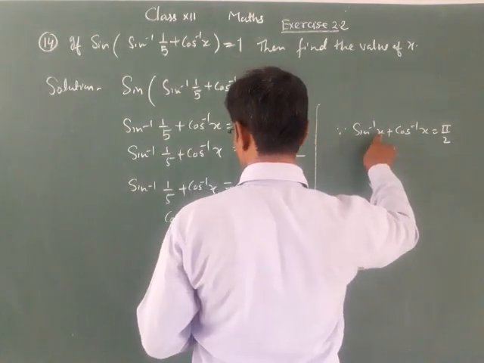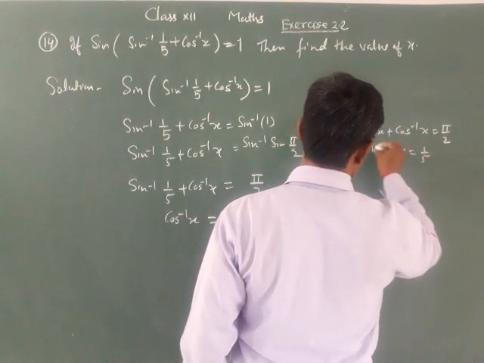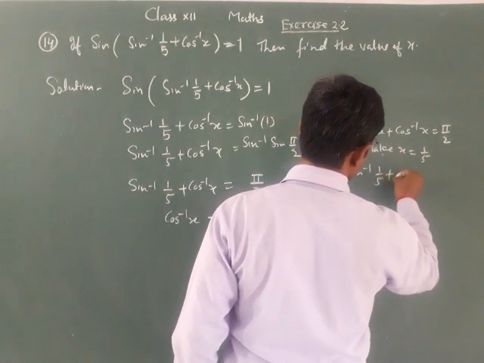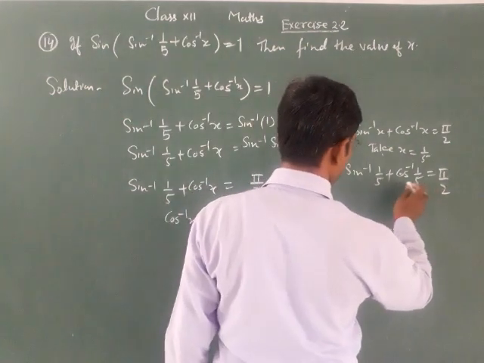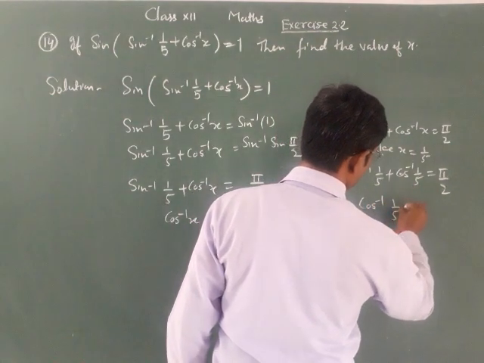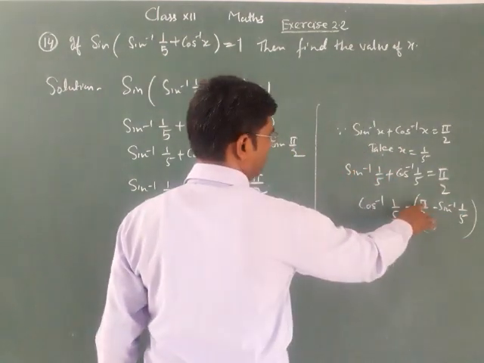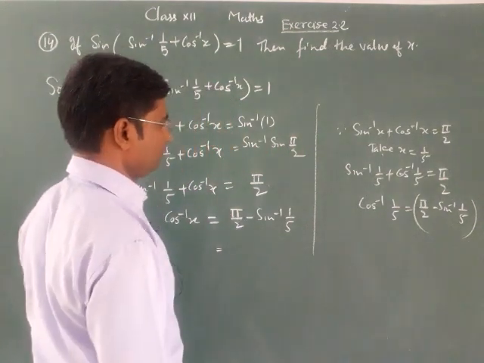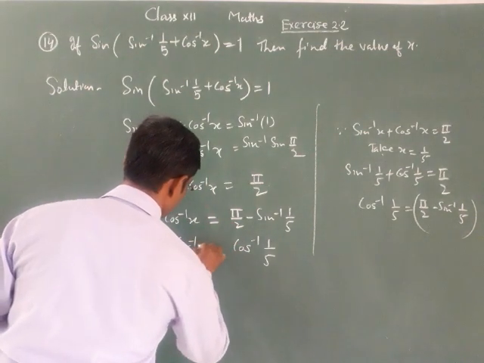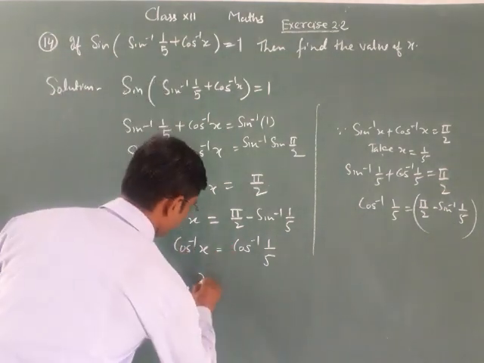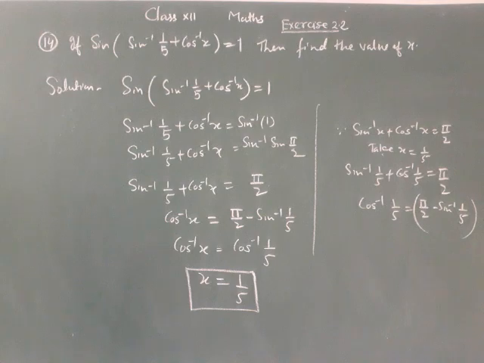In place of x you can write 1/5, taking x equal to 1/5. So sin⁻¹(1/5) + cos⁻¹(1/5) is equal to π/2. So cos⁻¹(1/5) is equal to π/2 − sin⁻¹(1/5). Replace π/2 − sin⁻¹(1/5) with cos⁻¹(1/5). So cos⁻¹x, the cos⁻¹ cancels out, so x is equal to 1/5. This is the value of x: 1/5.